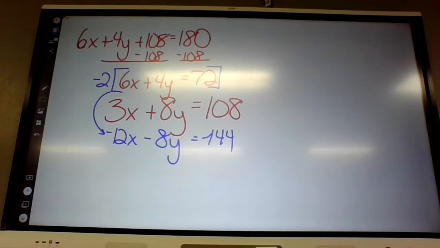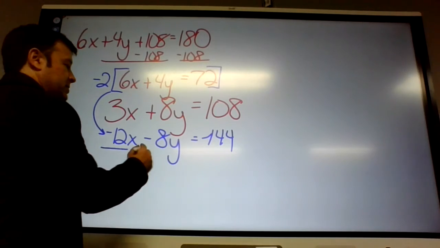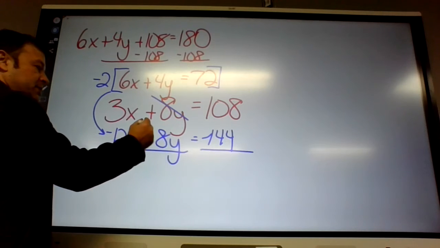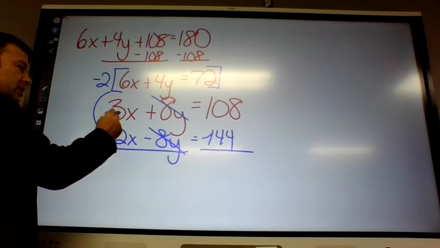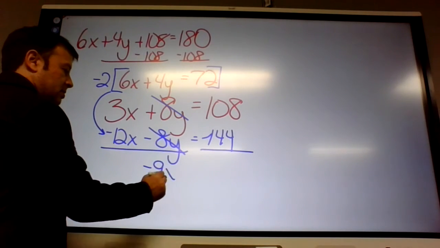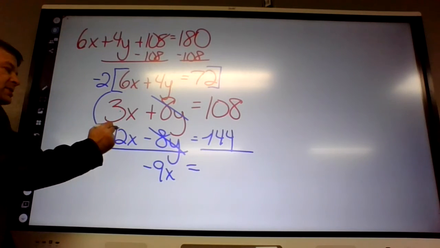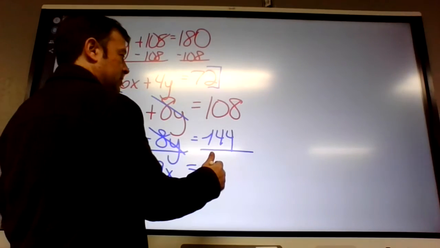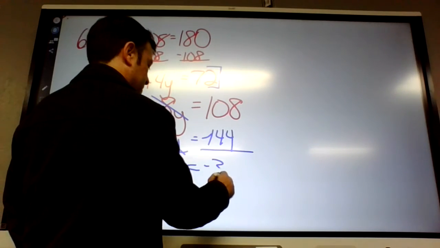Now when I add my lines together, what's going to happen to the y's? They will go away. This is called elimination. So y's go bye-bye. Add the x's together, get negative 9x equals negative 36.